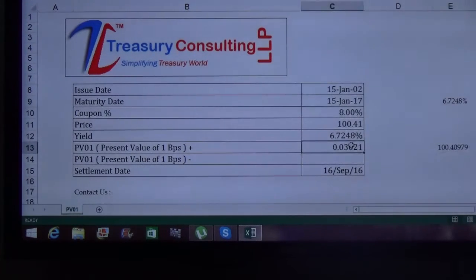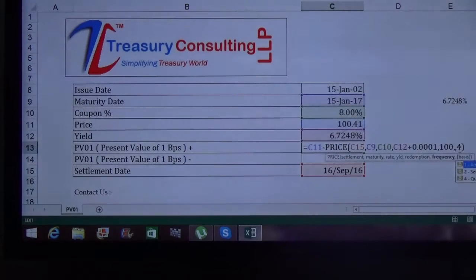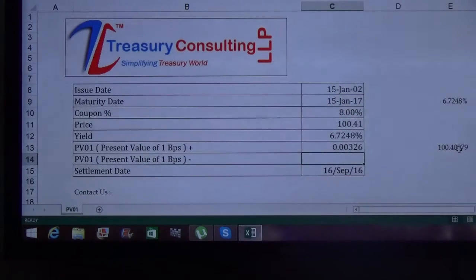But one change I need to do: since we are taking frequency as 4, I need to make a change here. This is 4. Now how much did you get?